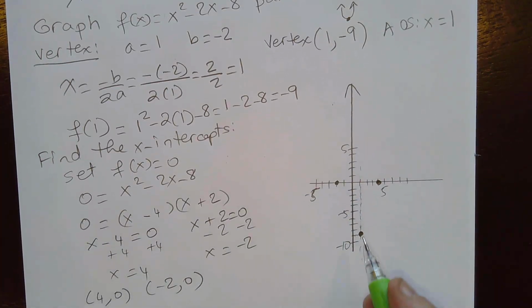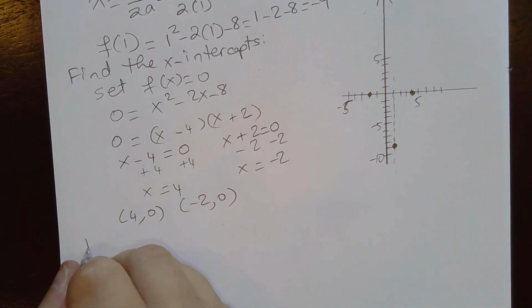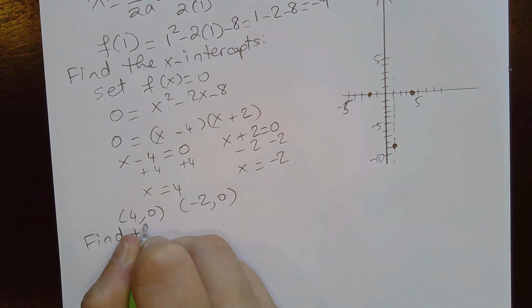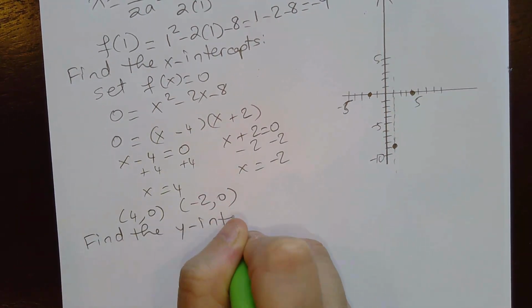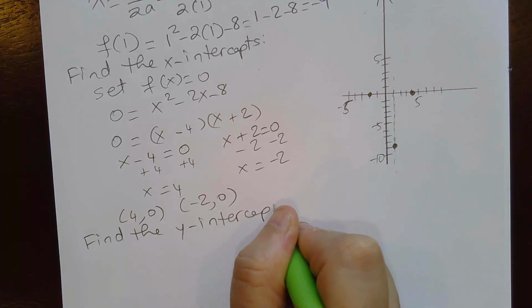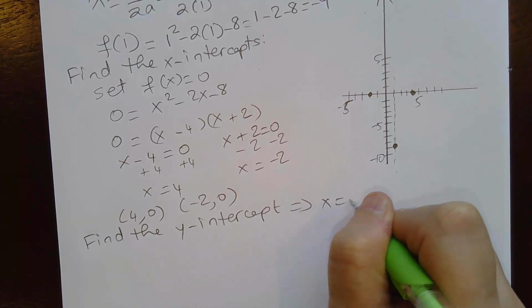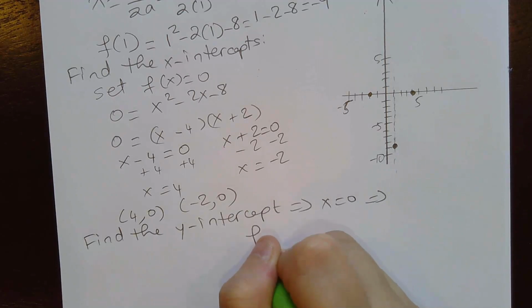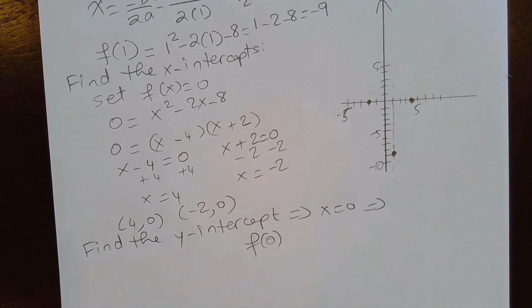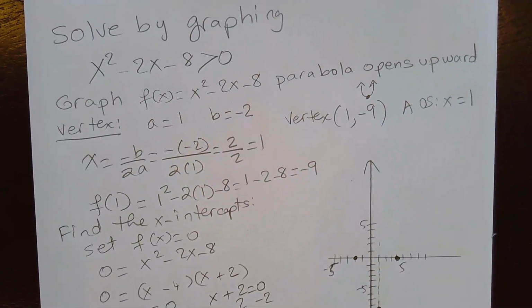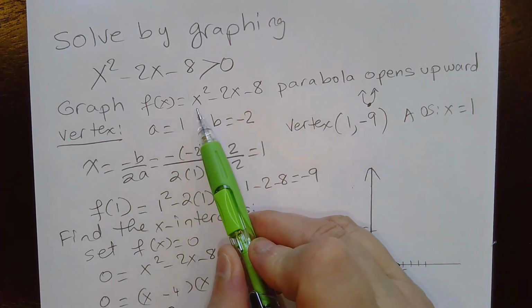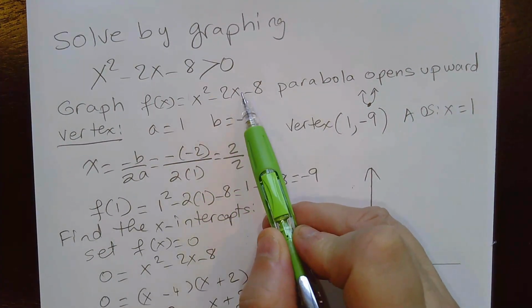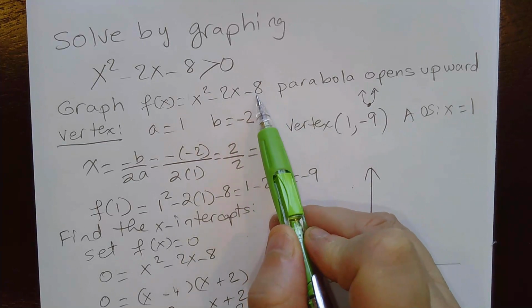To find the y-intercept, you set x equal to 0. So you are basically solving for f of 0, and that would be relatively easy to do, because if you plug in 0 for x, this cancels, and you're just left with negative 8.